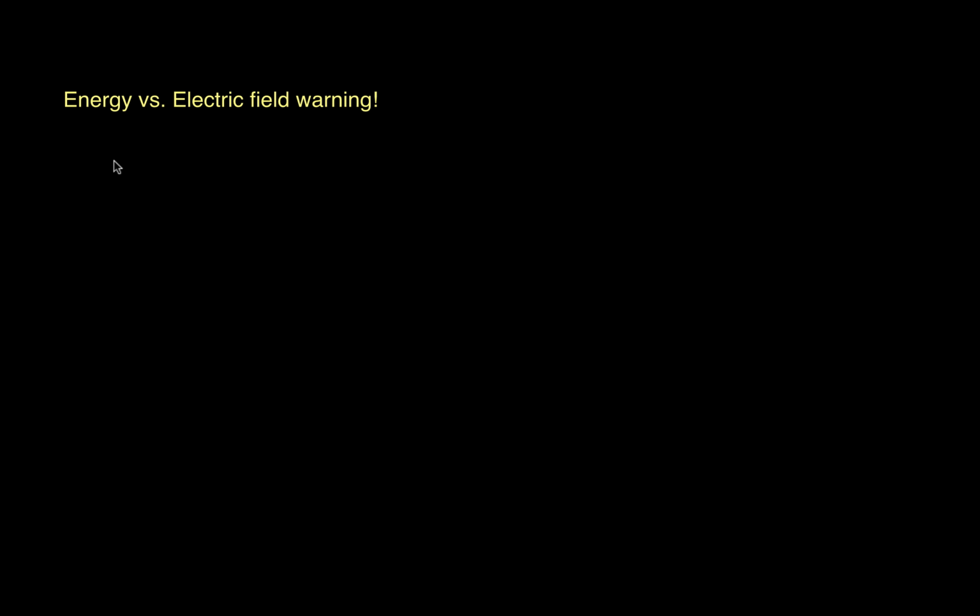Energy versus electric field. This is an important warning you need to remember. Energy is given by the symbol E. Electric field is given by E with an arrow. There's going to be a lot of times in our study of electrostatics where a formula is going to contain both E as in energy and E as in electric field.